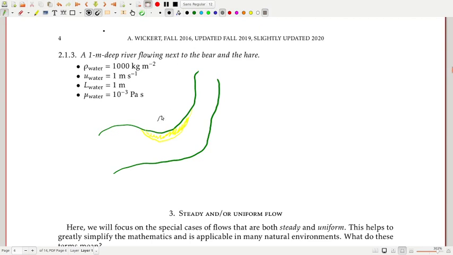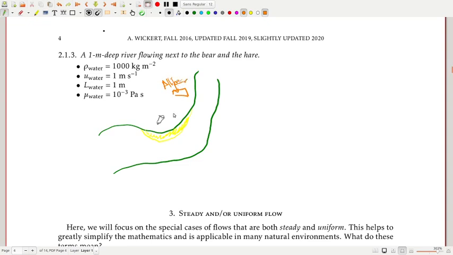And then I'm going to draw in map view. Here's our hare. And there's a little fluffy tail. There's an ear. There's another ear. And then the next one is going to be our bear. Wow, I can't even write this.